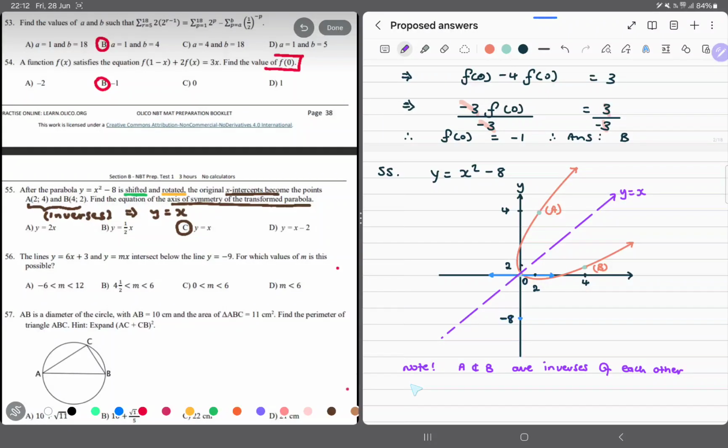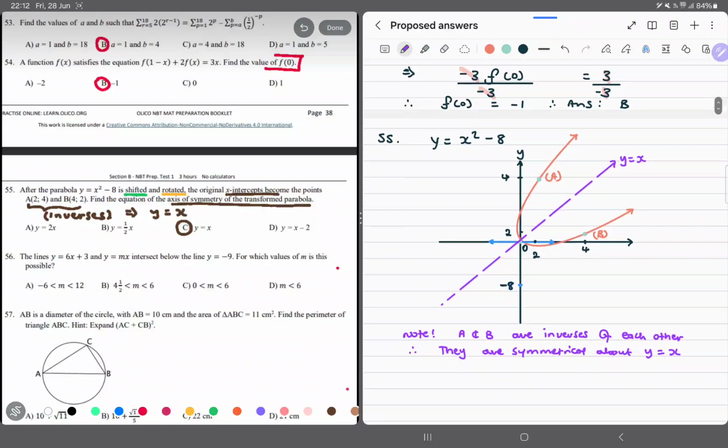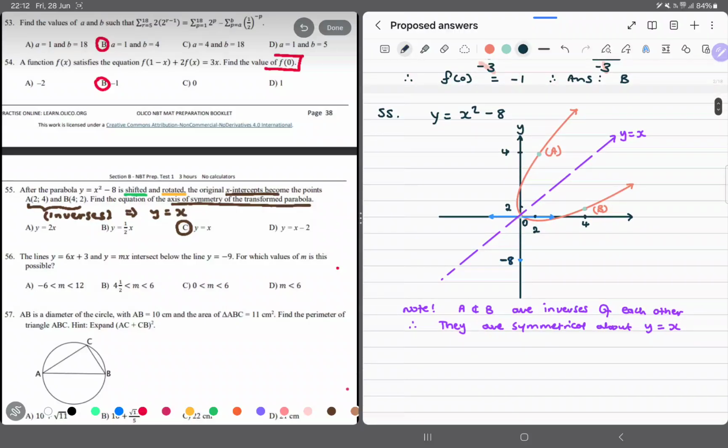Okay, so therefore they are symmetrical about y is equal to x. And to answer the question now, we can see that the answer to this question becomes option C.